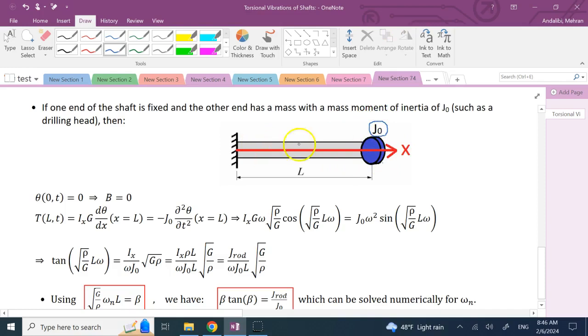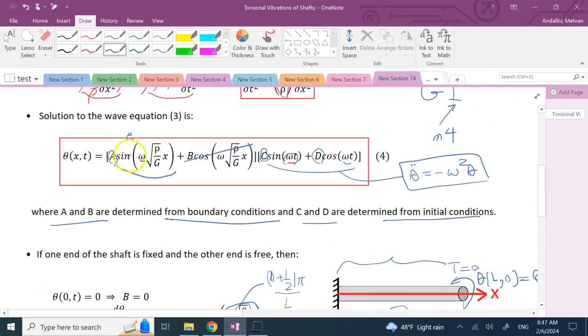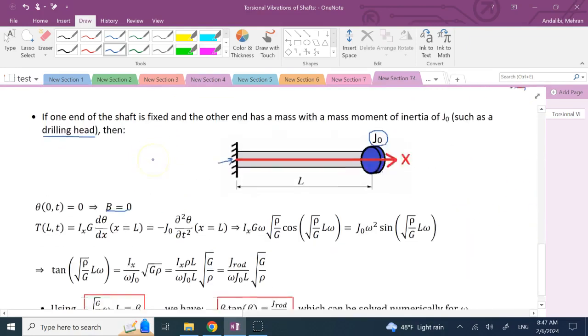Like, for instance, consider this shaft to be your drilling rod and this head to be your drilling head. And that J naught is not really something you can neglect. It's a very heavy object. So in this scenario, what happens to the boundary condition? Well, still at x of 0, theta is 0. That means that constant B is 0. So your solution is still this A part.